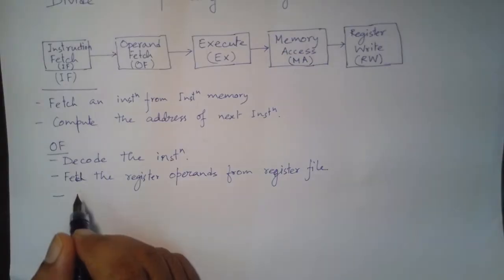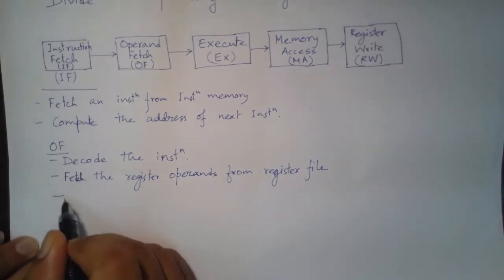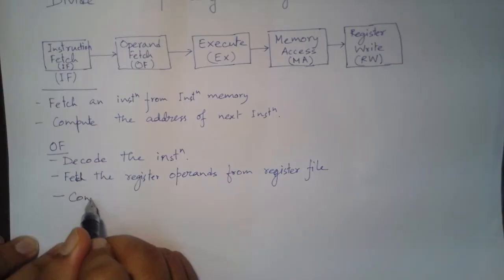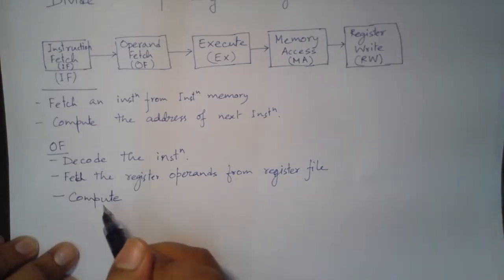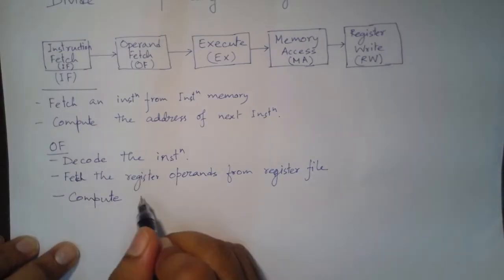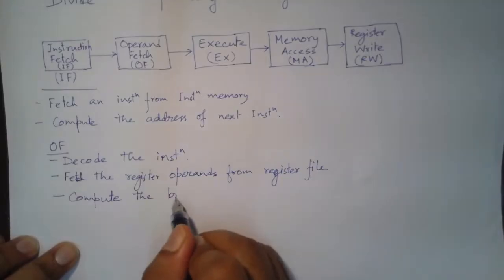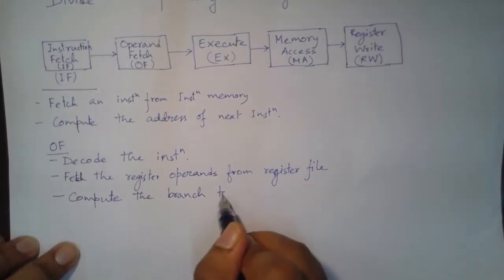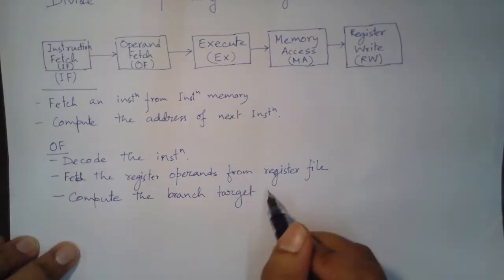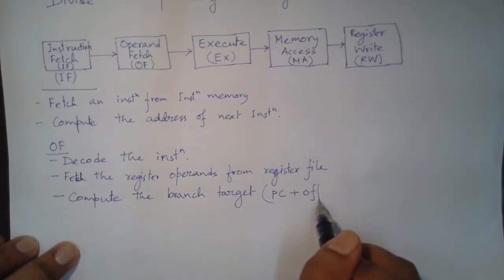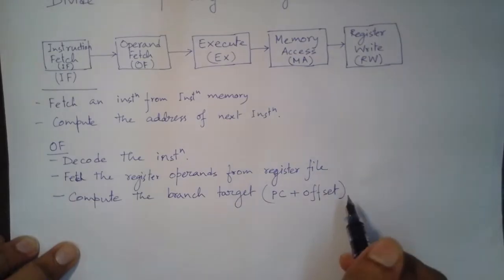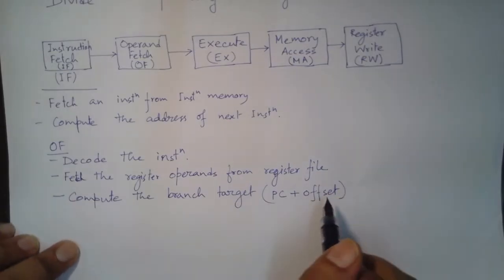Then what you have to do is add that offset value to the PC to figure out what will be the new PC. So, basically you need to compute the branch target, and how do you compute it? PC plus offset is your branch target address, and that is what you need to do.